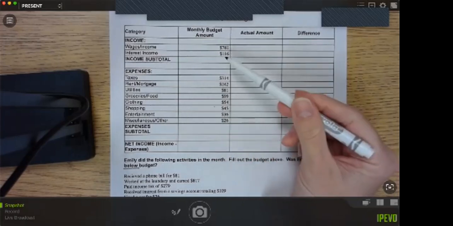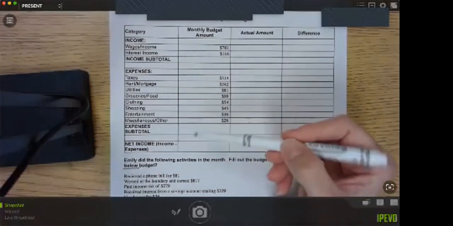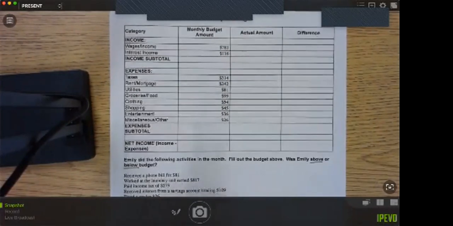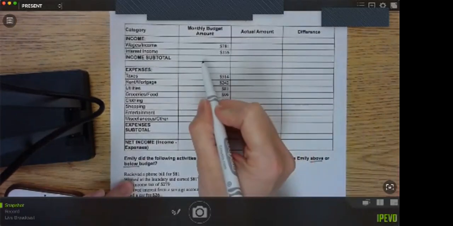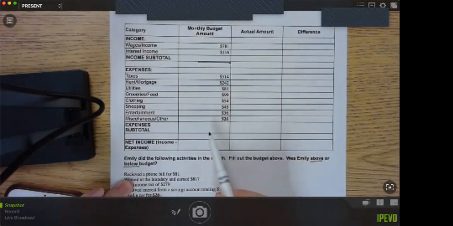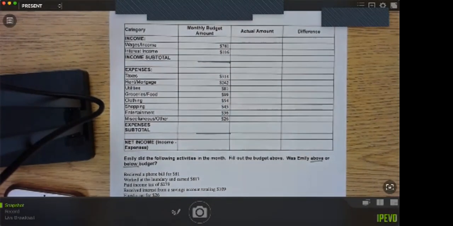And then we have our net income. So let's first add up. We're gonna find out the total of her income and the total of her expenses. So let's first do that.